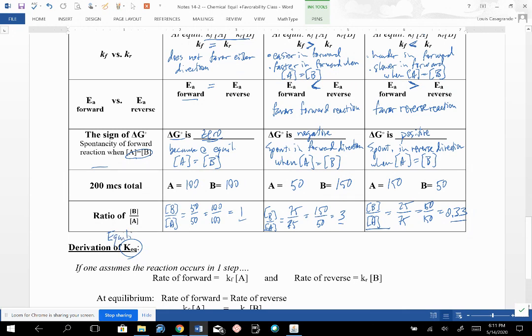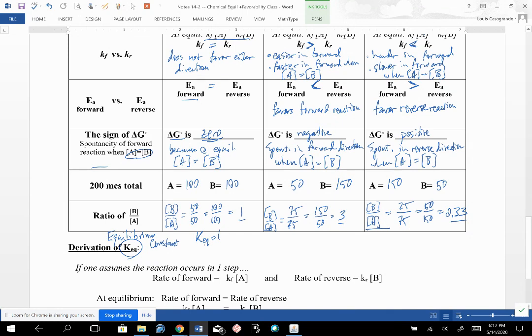Two guesses what EQ stands for. And this is a capital K, the equilibrium constant. And for these reactions, what we just drew, B over A, is the equilibrium constant. So here, the KEQ is equal to 1.